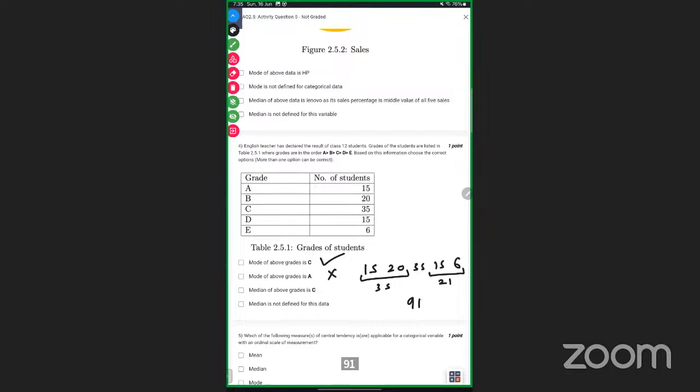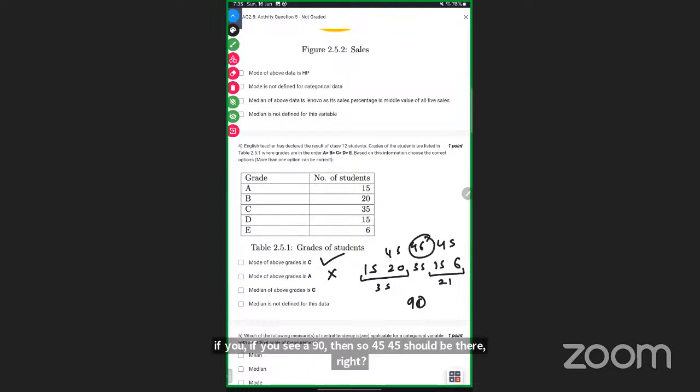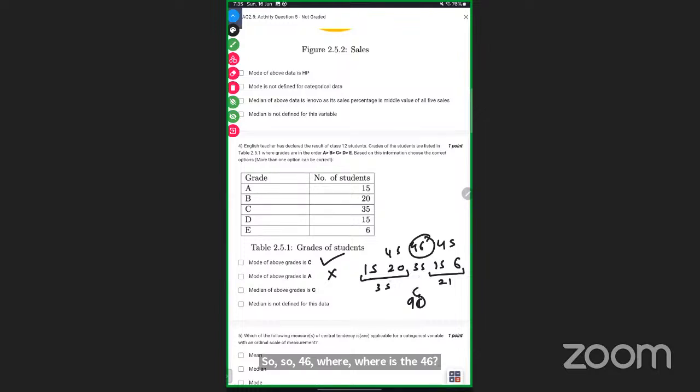If you have 91, then 45 should be on each side, right? So where is the 46th count coming? Is it coming in C? 35, plus 35 is 70, right? The 46th one is coming in C.